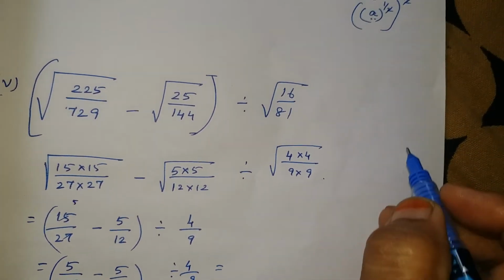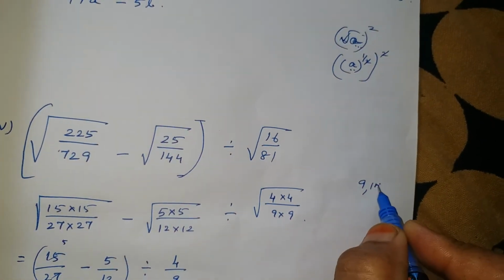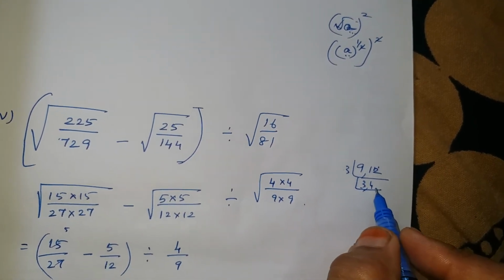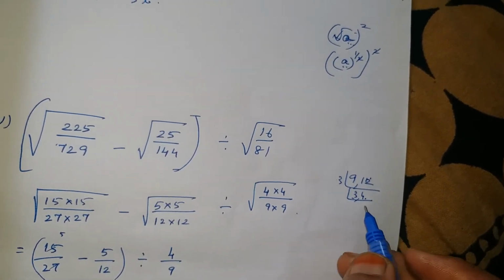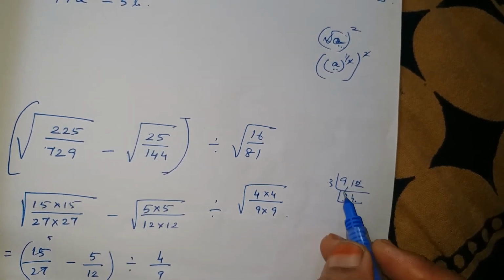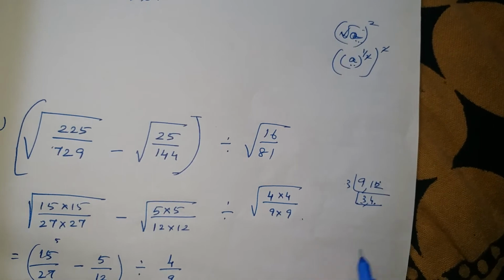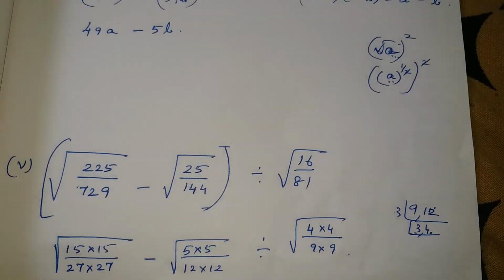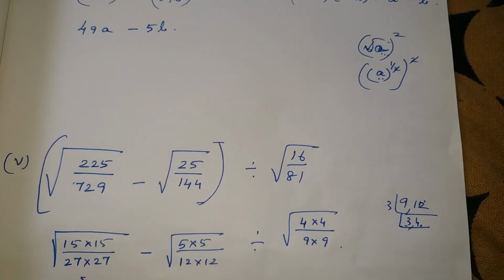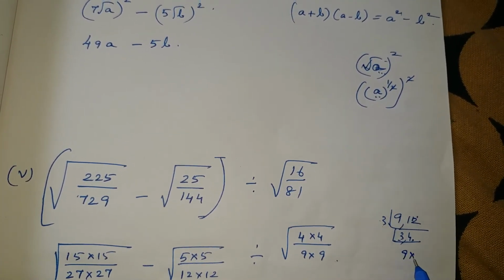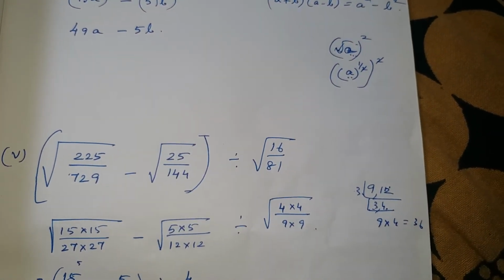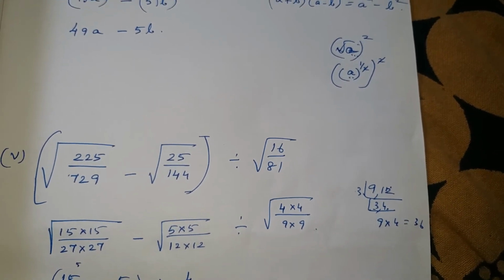Take the LCM for 9 and 12. 3 3s are 9, 9 4s are 36. 3 4s are 12, 12 3s are 36. Your LCM is 36. So the first term is multiplied by 4 and the second by 3. 5 4s are 20, 5 3s are 15.